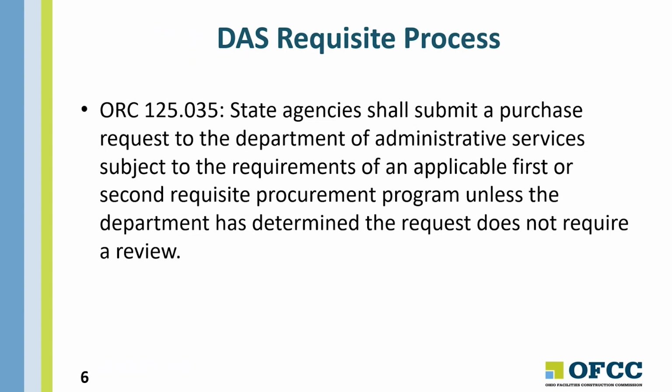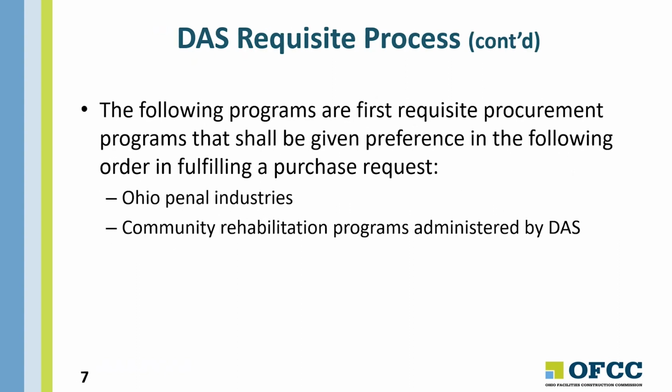OFCC is a second requisite procurement program, and we look at things that are related to building systems to determine whether it's subject to Chapter 153 or not. As I understand it, universities and colleges do not have to use this, but state agencies do.